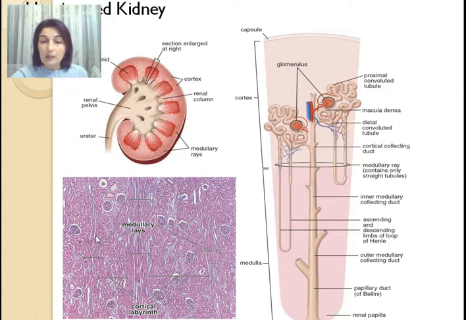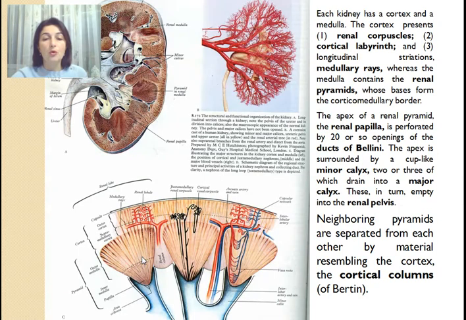The medullary ray includes a collecting tubule in the center, and there are also other tubules, but the principal element here is the collecting tubule. Together with all surrounding nephrons, which open via their distal tubules into this collecting tubule, they form one lobule of the kidney.